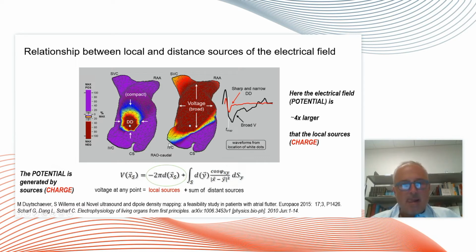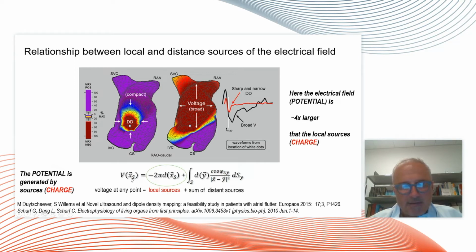So it's a rather complex formula, but it tells you that at any point in the heart, here in this white point, the voltage that is measured or calculated on this heart wall surface is a sum of the local electrical charge, in Coulomb, and the sum of the distant charges, the distant sources of the potential, the distant coulombs.